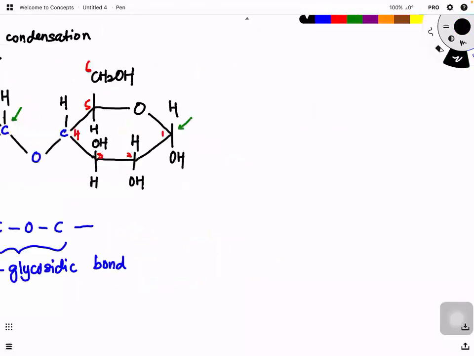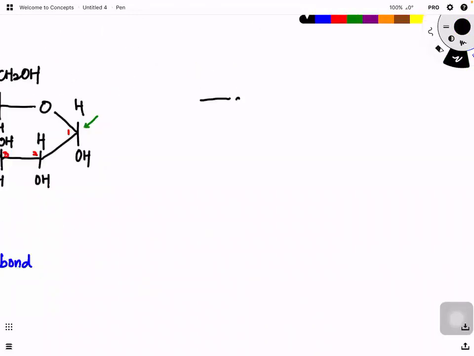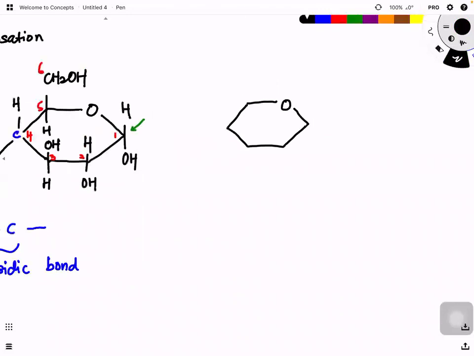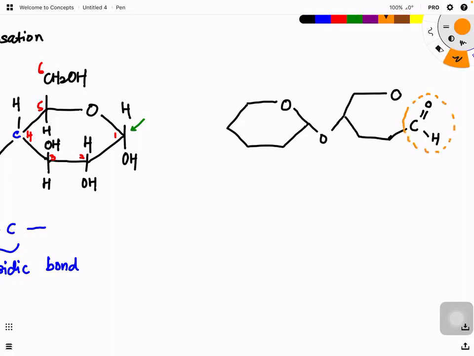You can see that you're going to have one ring structure like this, and one linear structure. It means that we can open it back, something like this. So carbon number 1 can open like this, and this is the part that actually gives us the reducing property.